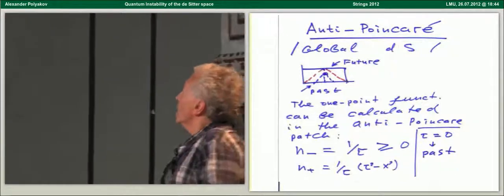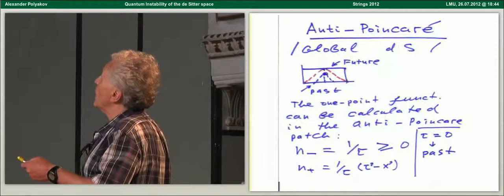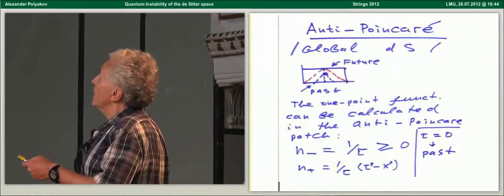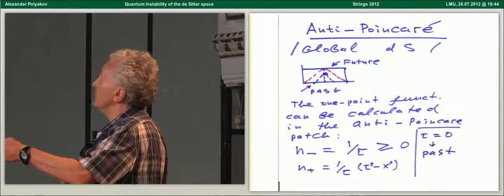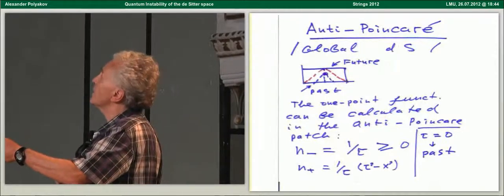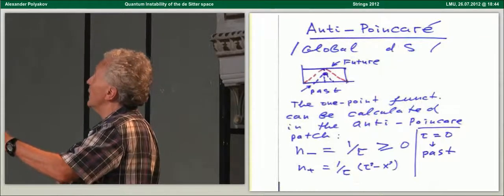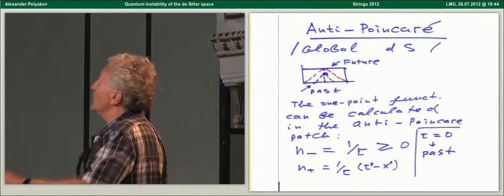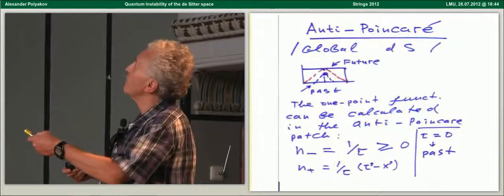lost. Okay, it's convenient to calculate the one-point function not in the full global space described by this conformal diagram, but by using what can be called the anti-Poincaré patch, when time goes in the opposite direction to the standard Poincaré patch.